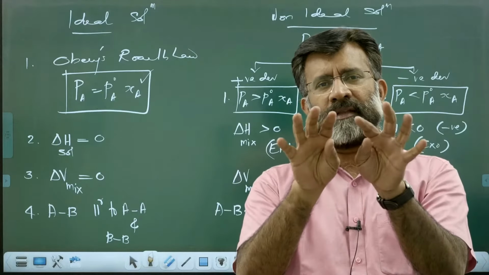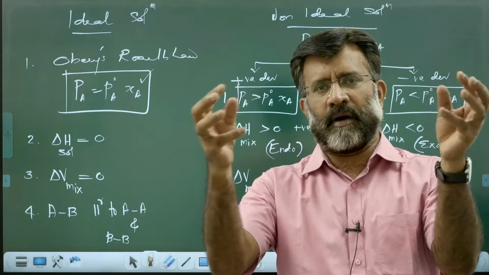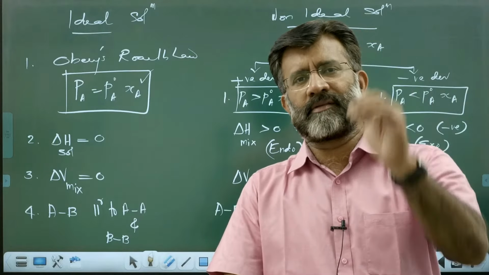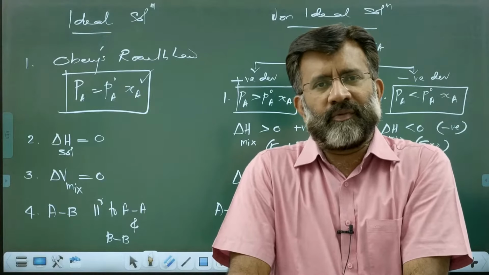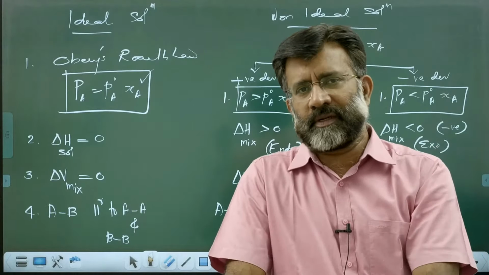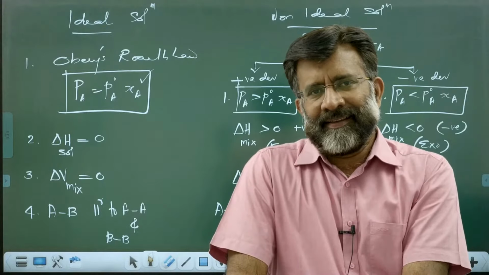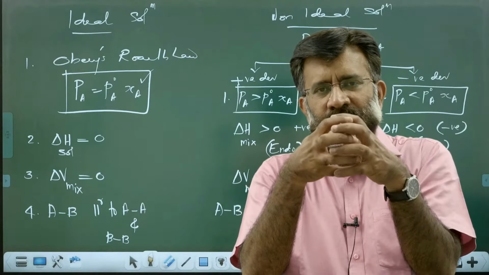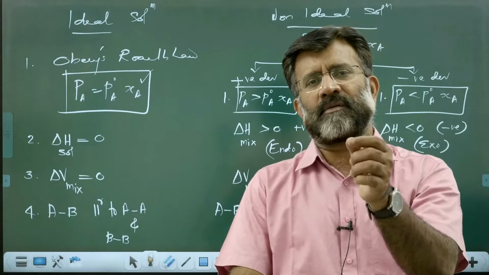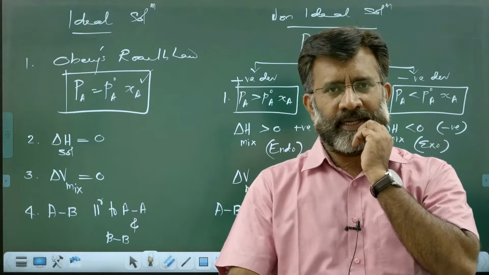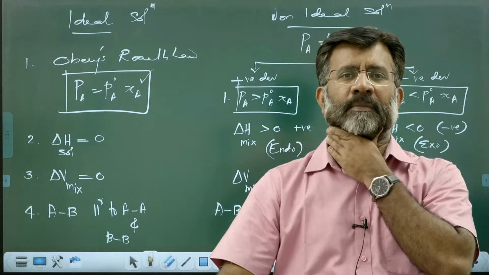After mixing, their interaction decreases. They come apart. So there will be an increase in volume. 10 liters A plus 10 liters B not necessarily give you 20 liters. It may be 20 plus liters. A strong attractive force is decreasing, minimized. That means a strong bond is broken, means energy is absorbed. Endothermic process.